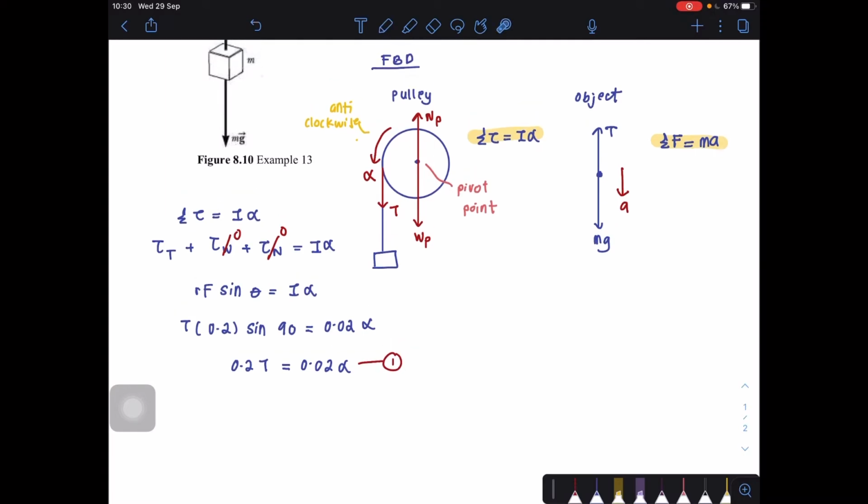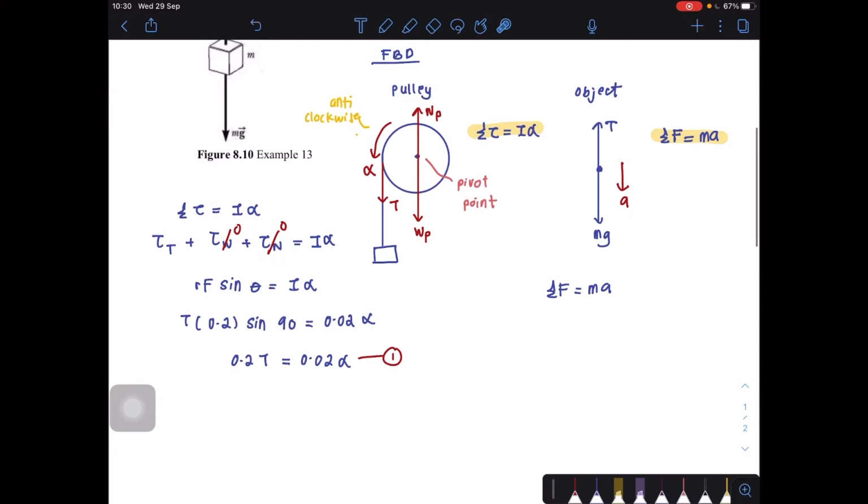Okay, now kita keluarkan this one pula. So the sum of F is equal to ma. Okay, so this one kita ada T dengan mg saja. So T akan jadi negatif sebab dia opposite direction with A. So negative T plus mg sama dengan ma.